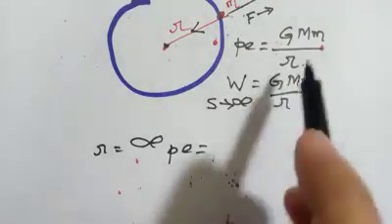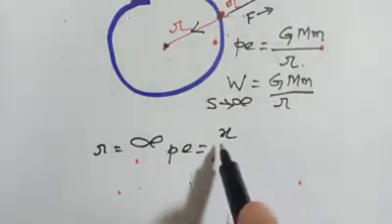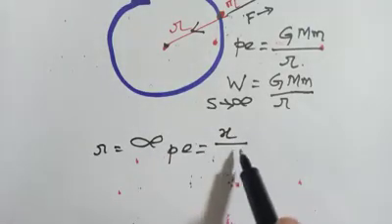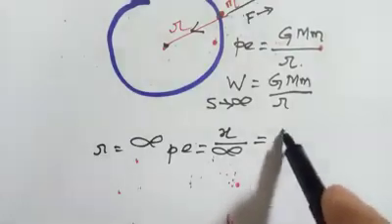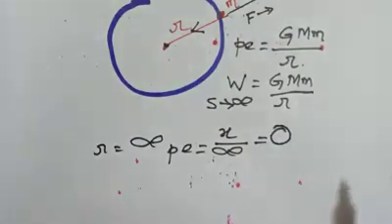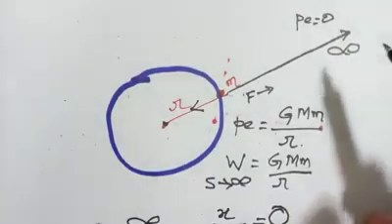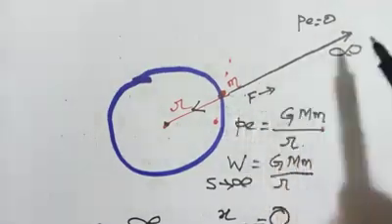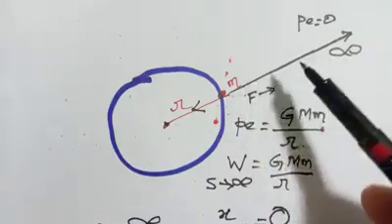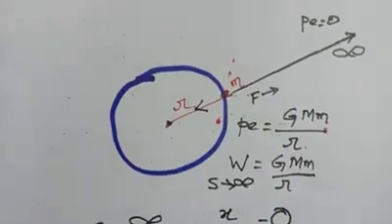So whatever the value at the numerator, say for example x, whole divided by infinity, that is R. So anything divided by infinity leads to 0. And that is why the potential energy at infinity is 0. The reason also is that when two masses are far from each other, there is no gravitational attraction happening between these two things.